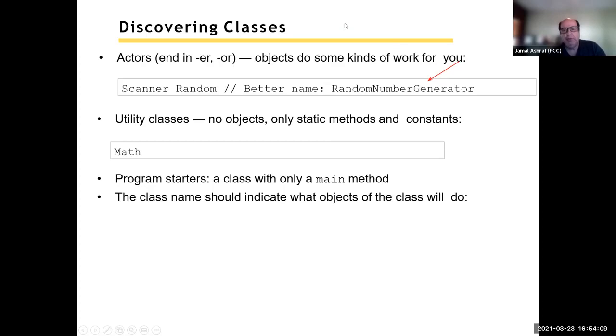Another thing that we're going to be focusing on is that the class name should indicate what objects of the class will do. So when we're creating our own class and we're going to name it, when I look at the name, I should be able to say, okay, what is this class doing?